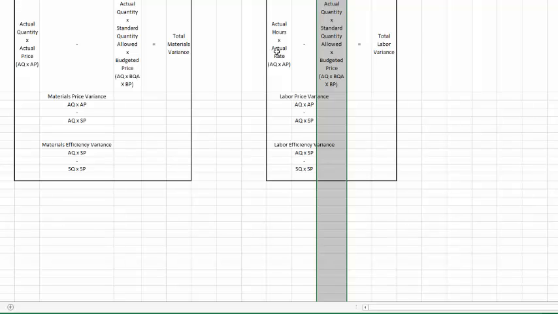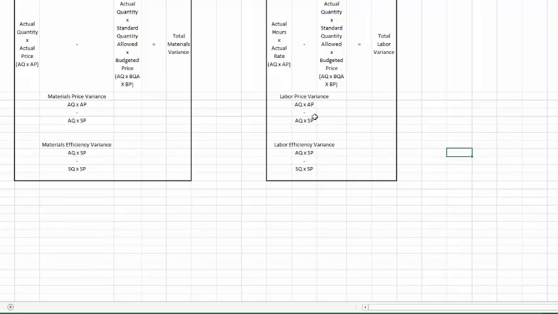And we can compare it to what we actually spent on labor. And that can be broken down. That total labor variance can be broken down into labor price and labor efficiency. So again, we've got formulas here. Actual quantity times actual price for that labor minus actual quantity times the standard price, or the budgeted price, what we originally thought we would be able to get that labor for.